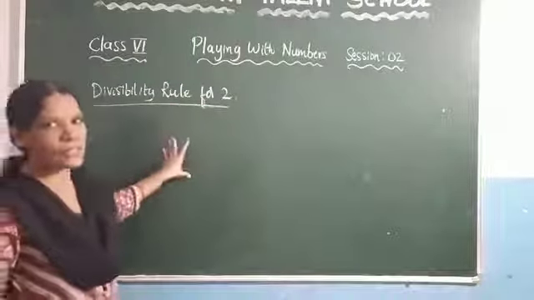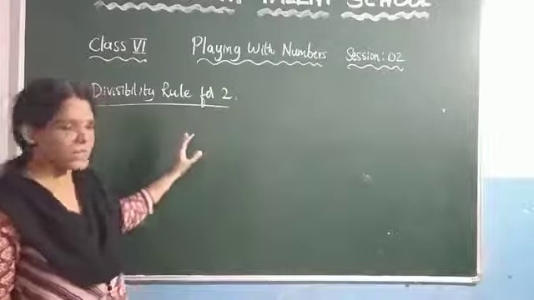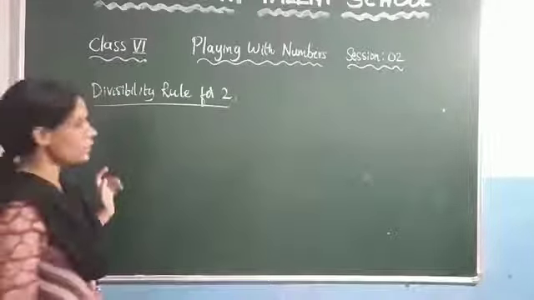If the unit digit of the number ends with 0, 2, 4, 6, 8, then we can say that number is divisible by 2. Write it here.